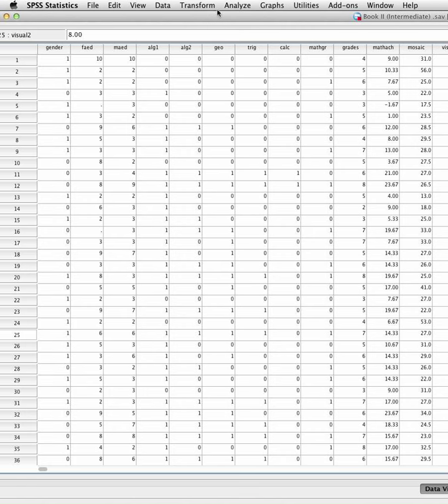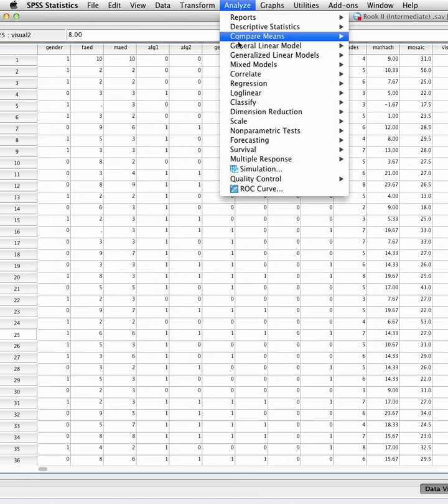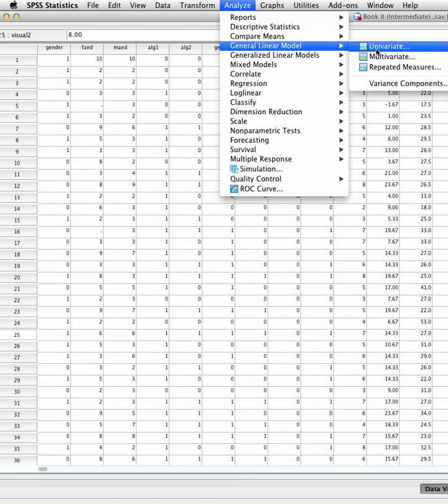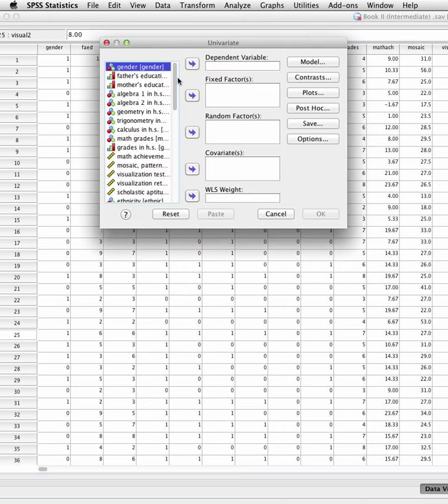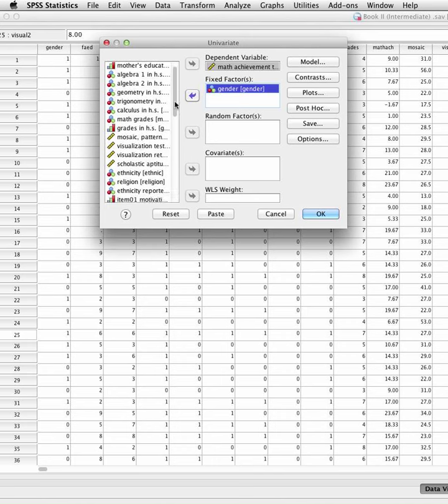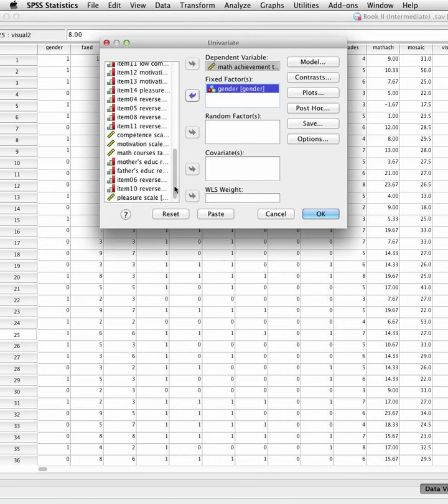So in order to do this analysis, we'll go to Analyze, General Linear Model, and Univariate. And in this case, we'll put math achievement in the dependent variable box, gender in the fixed factor box, and father's education revised in the fixed factor box.